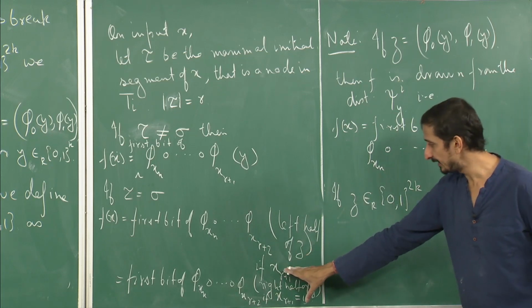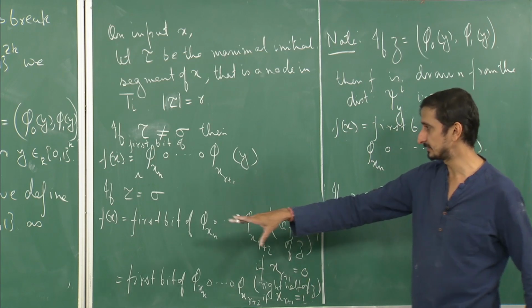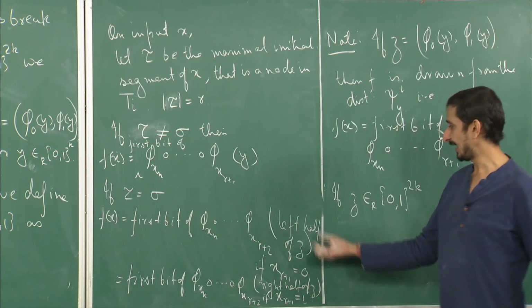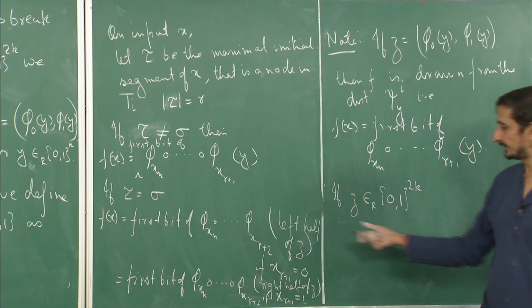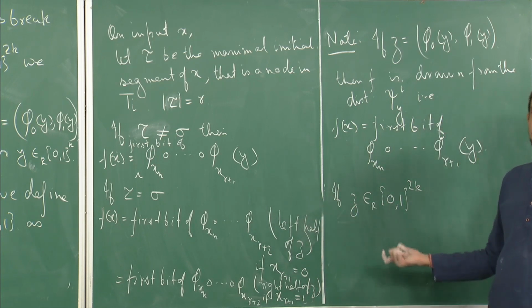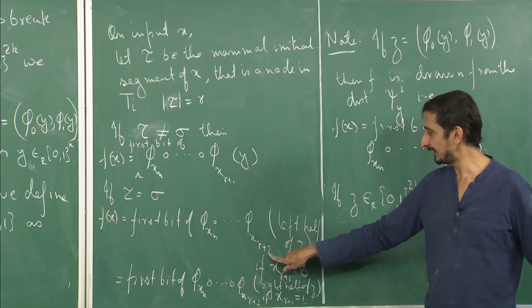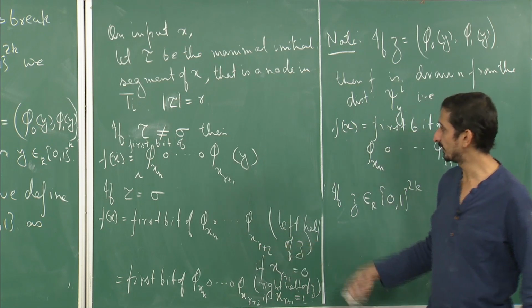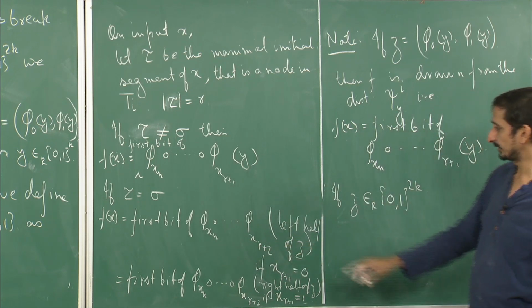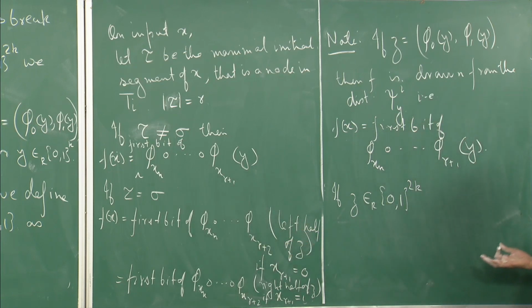But the part that is dependent on z is the second part, that is when tau equal to sigma. And here, because z is a random string, both the left and the right part are essentially just a random string, so this is basically going up to tau r plus 2. The tree got erased over there, but essentially this corresponds to the tree ti plus 1, the distribution that we got from ti plus 1.